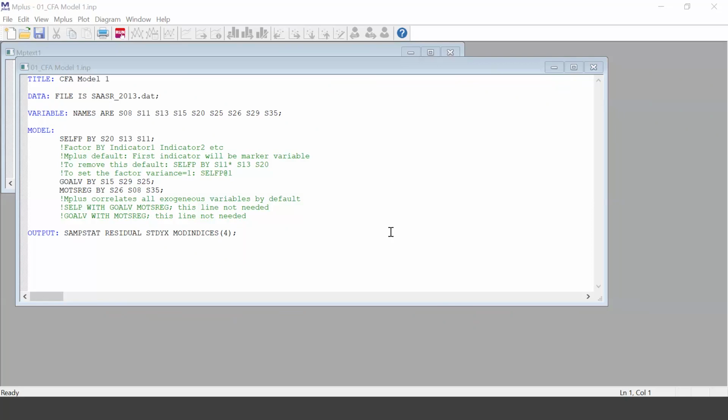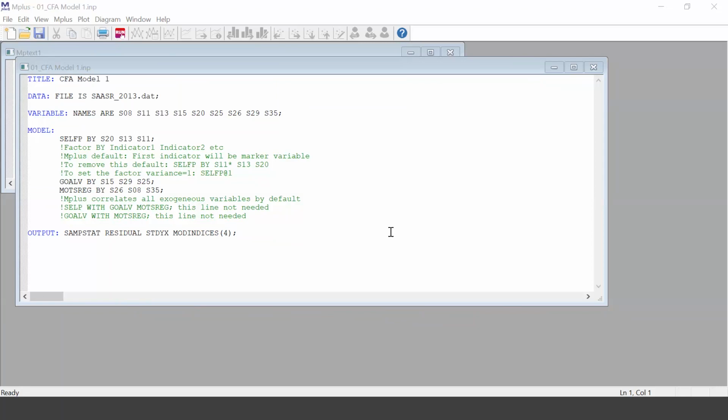Here, I've given the names S08, S11, S13, S15, S20, S25, S26, S29, and S35, because those are actually the names of the 9 items on the SAS scale. So we have actually 3 items for each of the 3 factors.